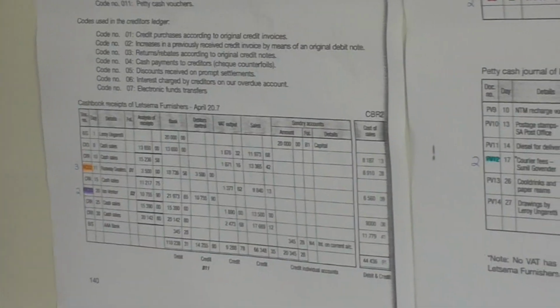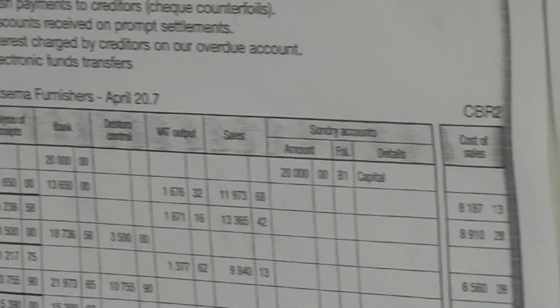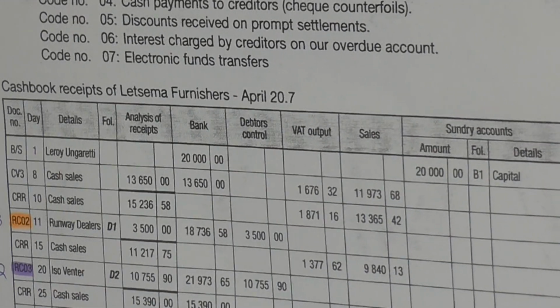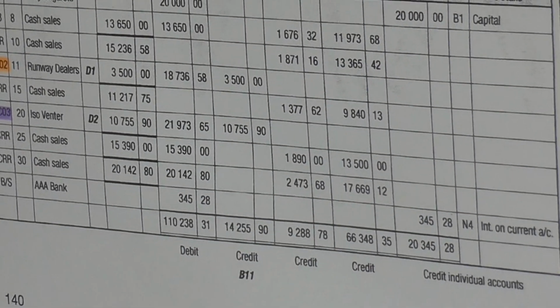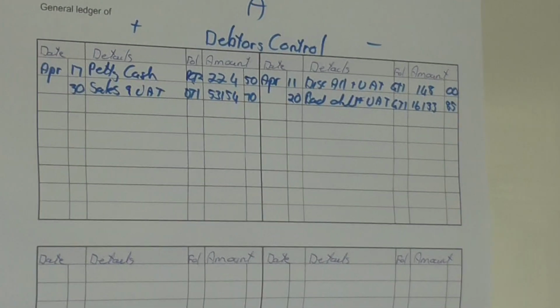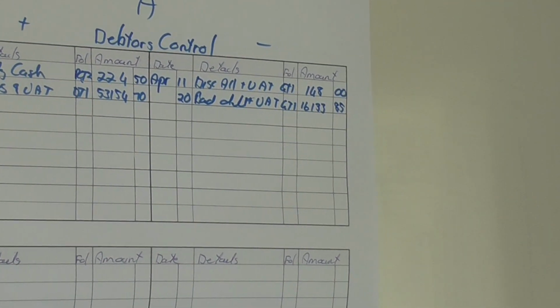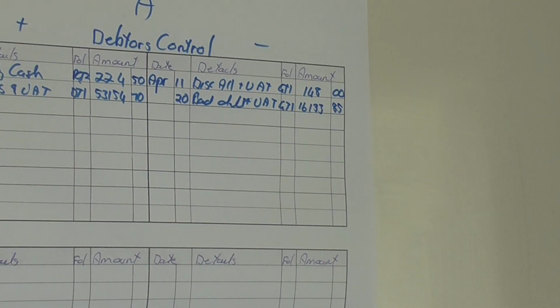Okay, so the next one in date would be the one in the debtors. There we go, debtors control. That will be your cash book receipts. There's your total, 14255.9, and it's also a credited amount. Let's put that one in quickly.